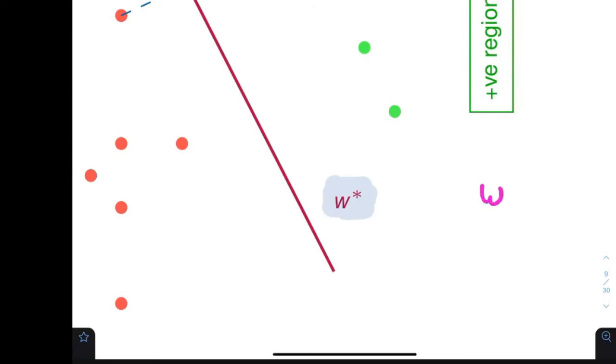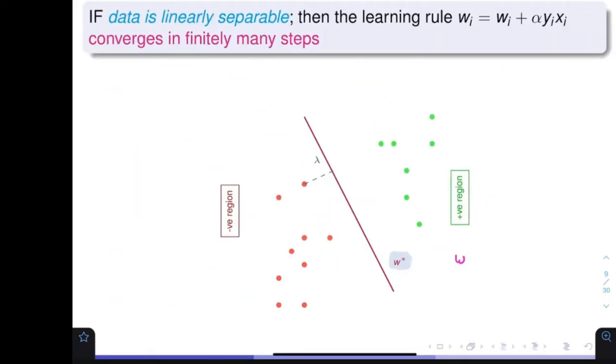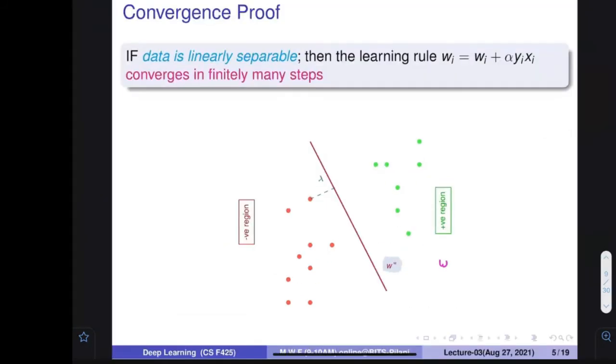You have only w, which maybe you got randomly from somewhere. So my question is, you can find out one value, y w asterisk transpose x. You can find out this value, because now we have the right one.